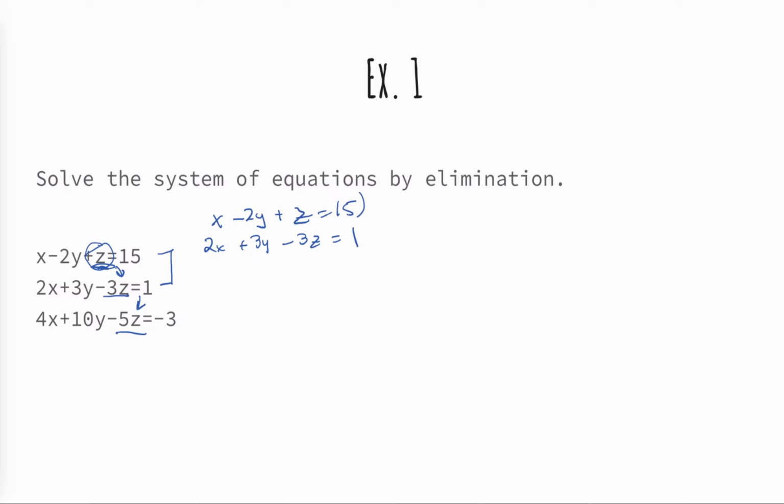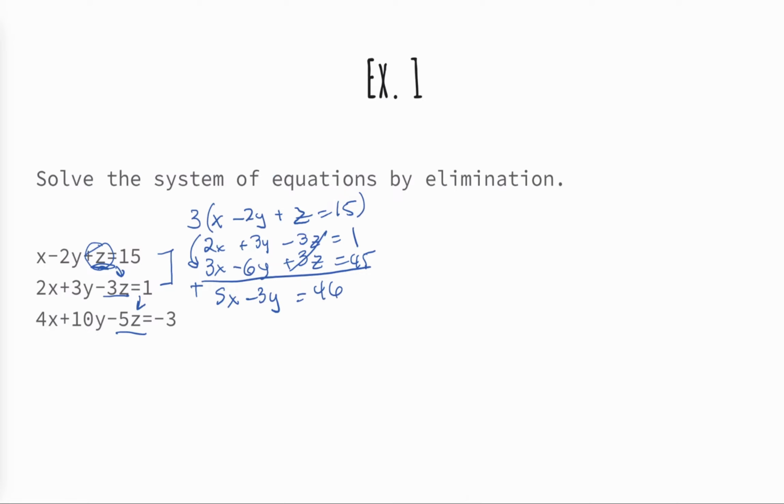And we're going to multiply this whole first equation by 3 in order to cancel the z's out. So we're going to make this be 3x minus 6y plus 3z equals 45. And we're going to add those together. And so that's 5x minus 3y, z's cancel out, equals 46.